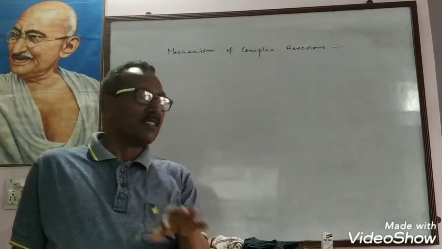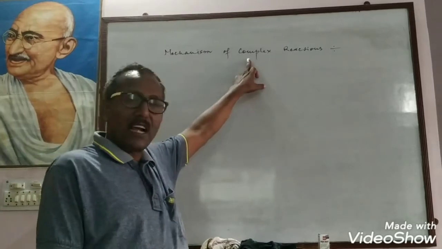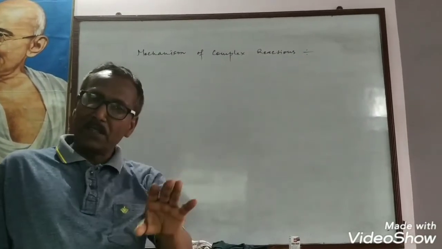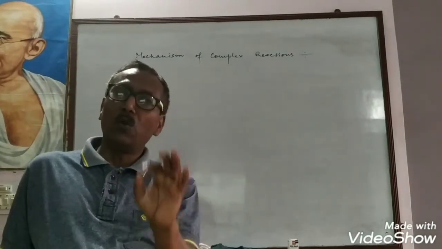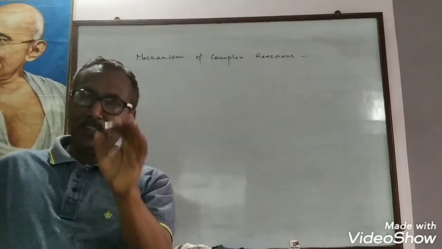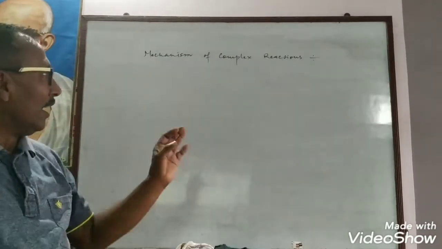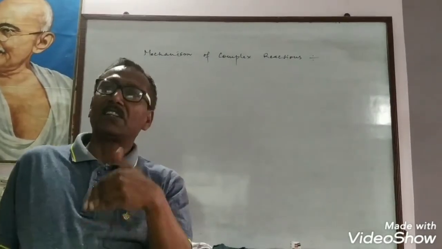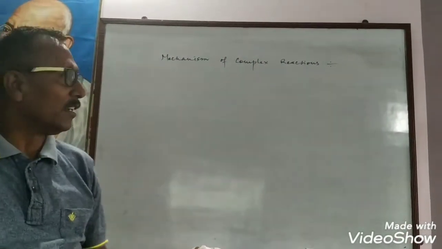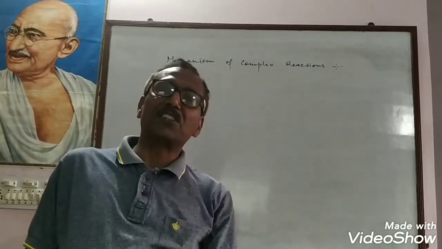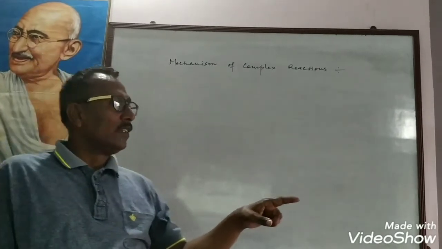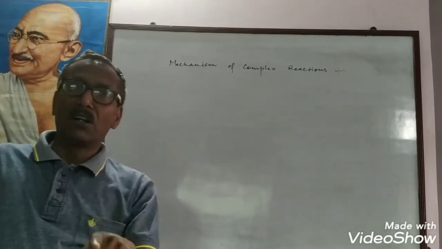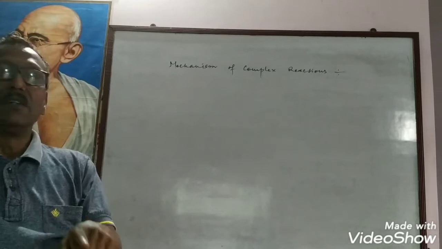So whenever we consider a complex reaction, it takes place in more than one step, in which one step will be slow and rest of the steps will be faster. So the slowest step of the reaction will be taken for the determination of rate law.